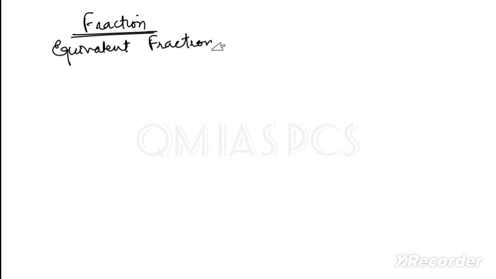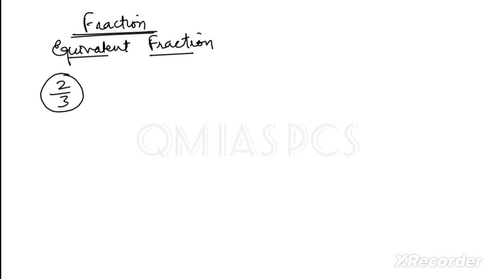And one more thing about the fraction, there is a topic called equivalent fraction. By the name you understood, it is equal fraction. If I say 2 by 3, there can be another fraction which is equal to that 2 by 3.